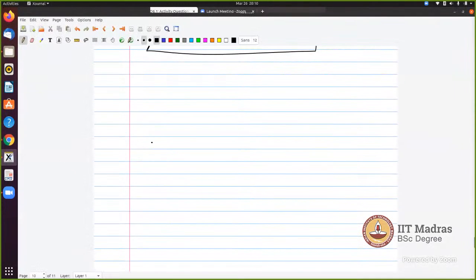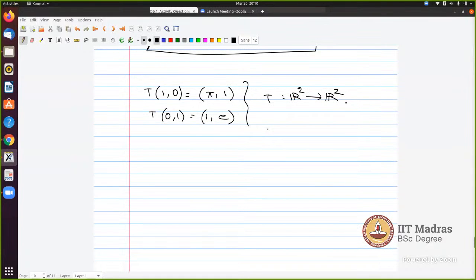First, let me write any vector in R2 in terms of the basis. So this is what we want, right? T from R2. So (x, y) is equal to a linear combination: x times (1, 0) plus y times (0, 1). Then what are C1 and C2 here? In this case they are x and y, easy, no? Is this clear to everyone?